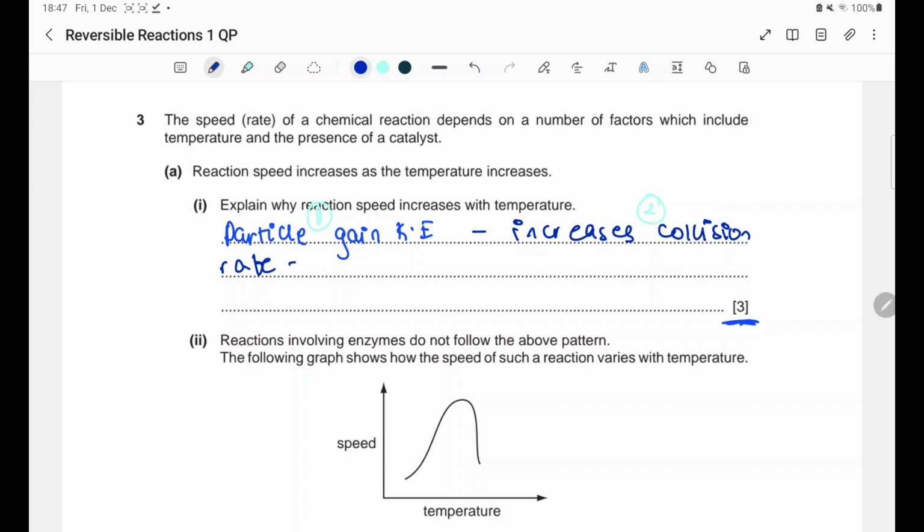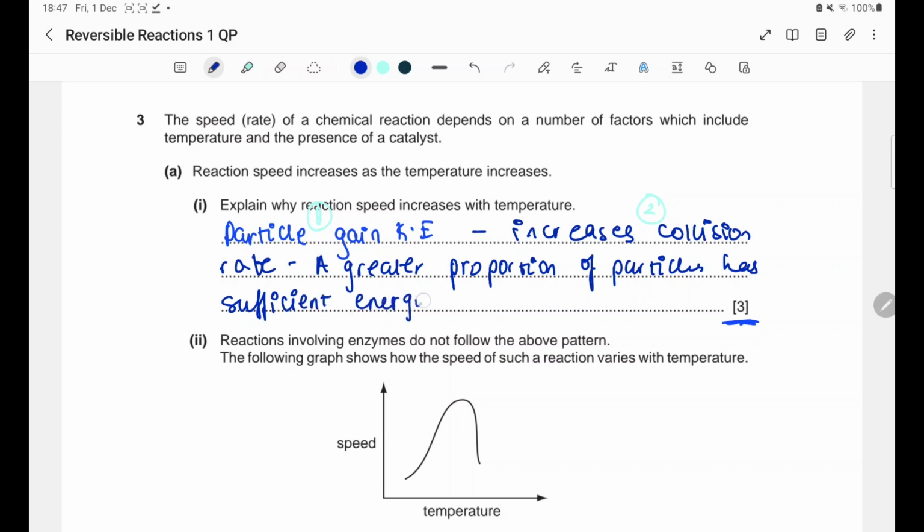And your 3rd mark will be a greater proportion of particles has sufficient energy for the reaction.